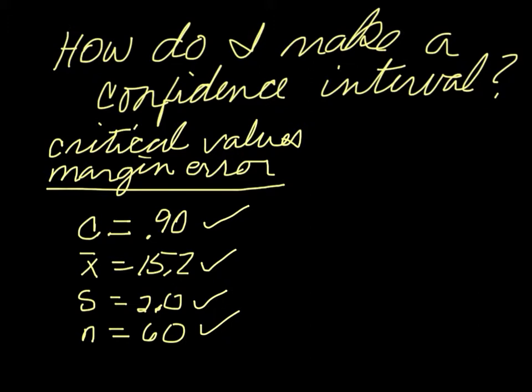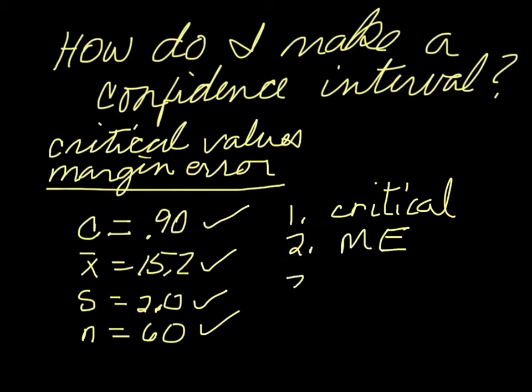So what are the steps to finding the confidence interval? Number one, you need to find the critical values. Number two, you need to find the margin of error. And finally, number three, you take the mean plus or minus the margin of error, and that will give you a smaller number, the minus, and a larger number, the plus, and that will essentially give you two numbers.